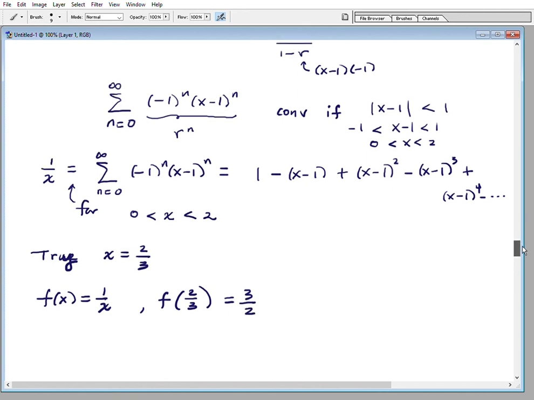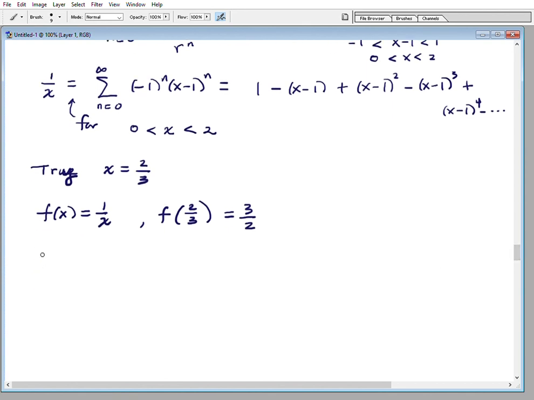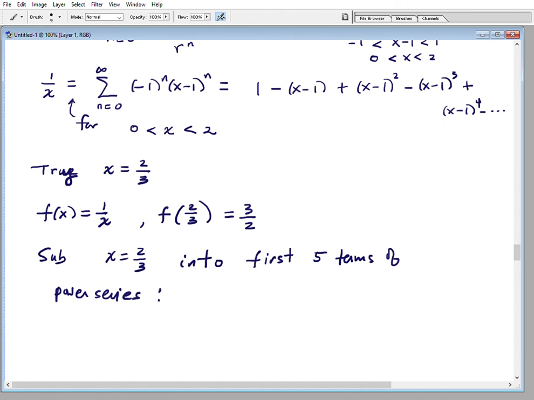Now substitute into the power series, let's see, how many terms should we use? Let's say the first 5 terms of the power series. We want to get a result that's close to 3/2.